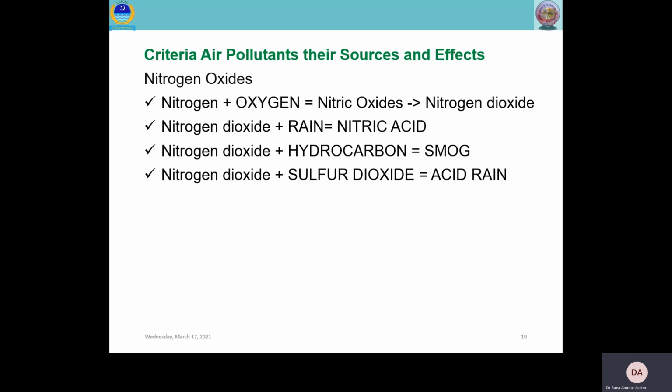So nitrogen, which is abundantly present in the air in the form of nitrogen as well as in the form of other oxides like nitrous oxide, nitric oxide, and nitrogen dioxide. So these are highly reactive, and some of the byproducts or secondary pollutants that nitrogen oxides contribute to are the formation of nitrogen dioxide, nitric acid, smog, and acid rain.